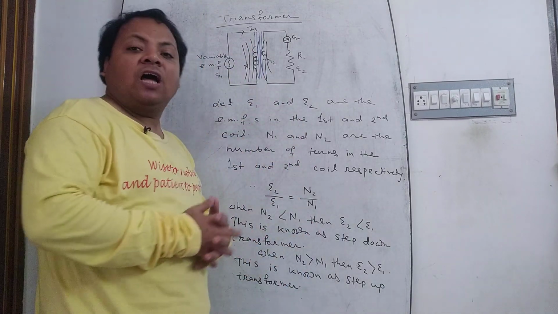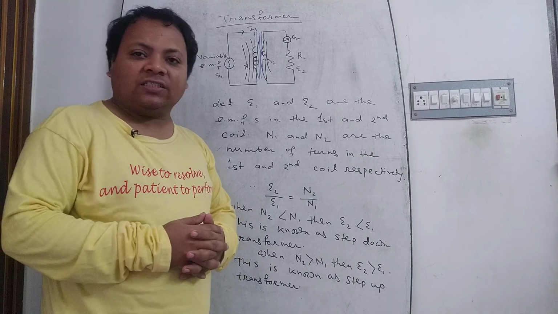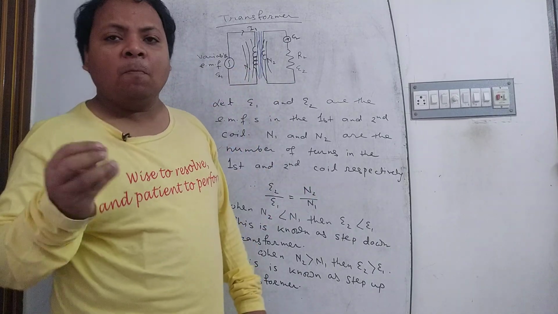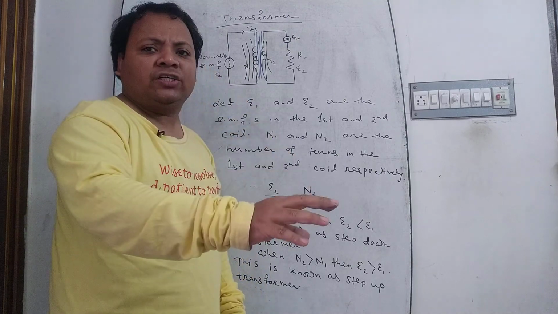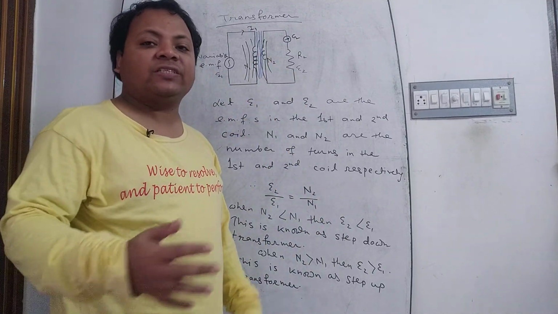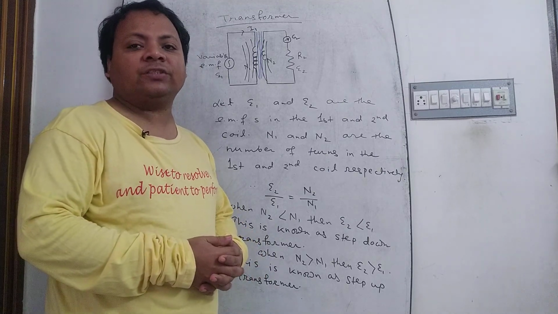That's why the magnetic flux produced in the first coil will be more linked with the second coil. That means the coupling factor becomes 1.